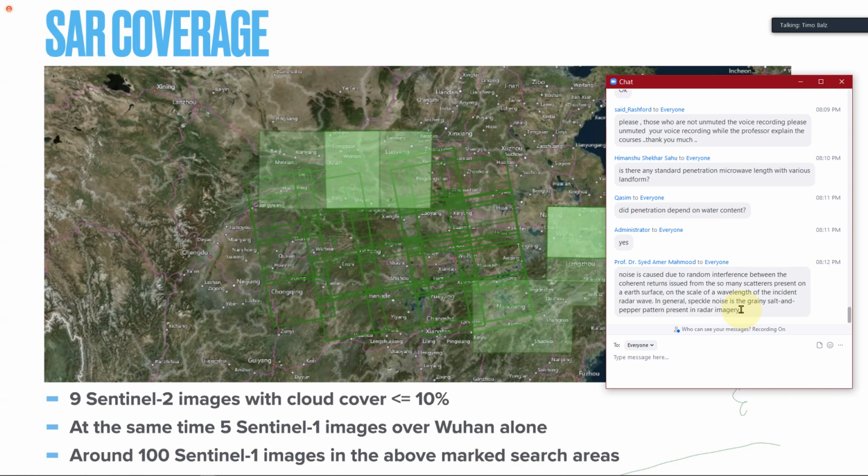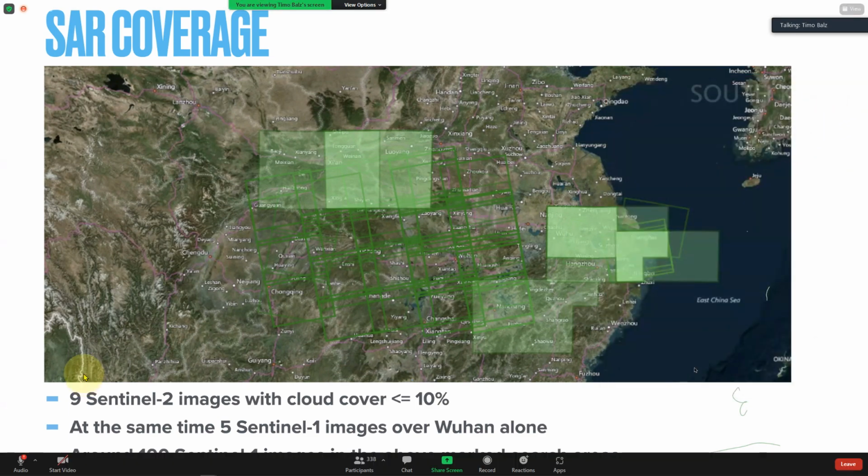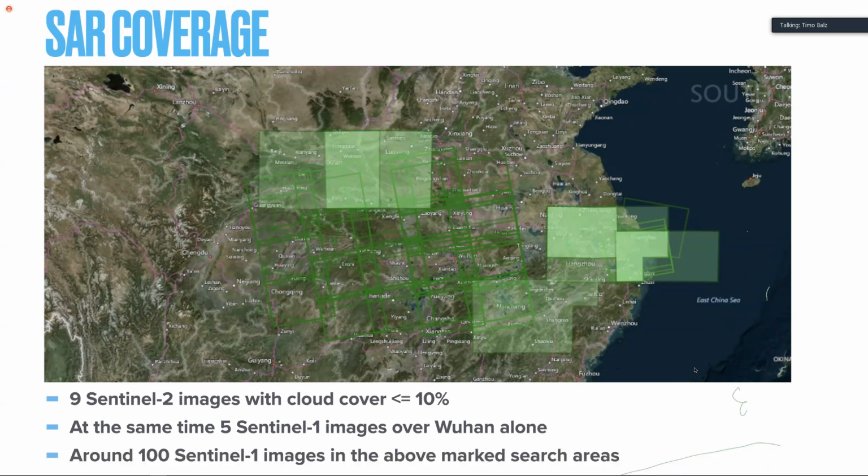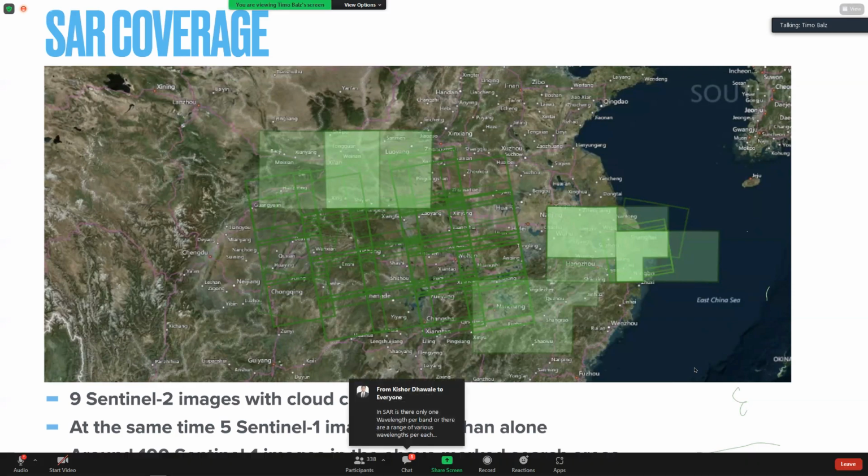Depending on where you are, if you go even more south, to the tropics, the clouds can be much worse. If you are interested in cloud-free images, and actually 10% cloud coverage is still quite a lot for some applications, you may need to wait several times to get your image, while with SAR you can build stacks over a long time with very regular acquisitions.